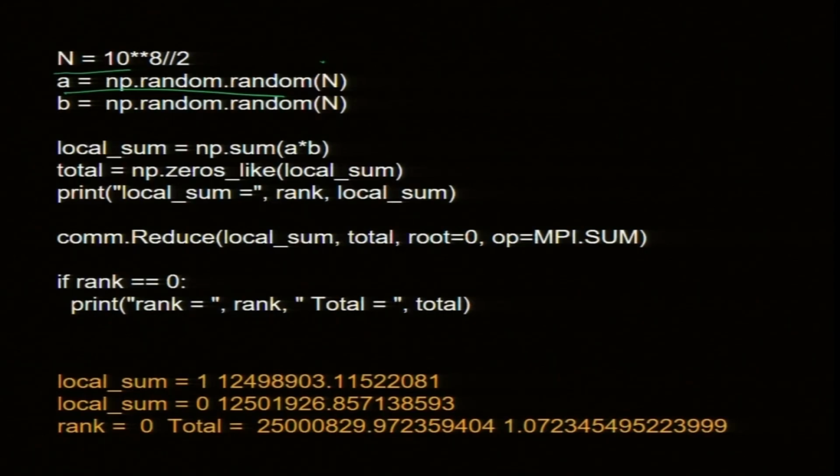So, I divide the numbers into two processes. So, A and B both are half the original size. Then I do a local sum, it is just like before. But I am doing it for a big array. Okay. And I also record the time taken.